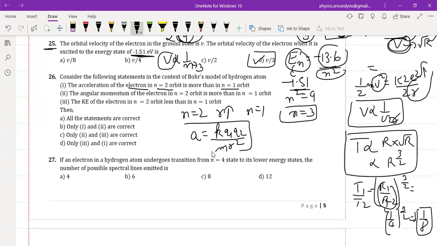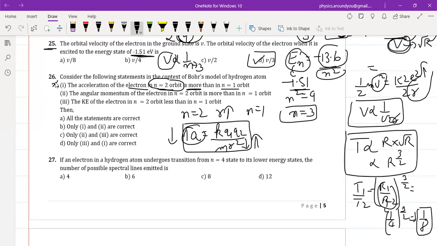So if radius is less, acceleration is greater. If radius is more, acceleration is less. So since the radius of the n equal to 2 orbit is greater, its acceleration will actually be lesser than n equal to 1. But they have told more than. So option 1 is eliminated.